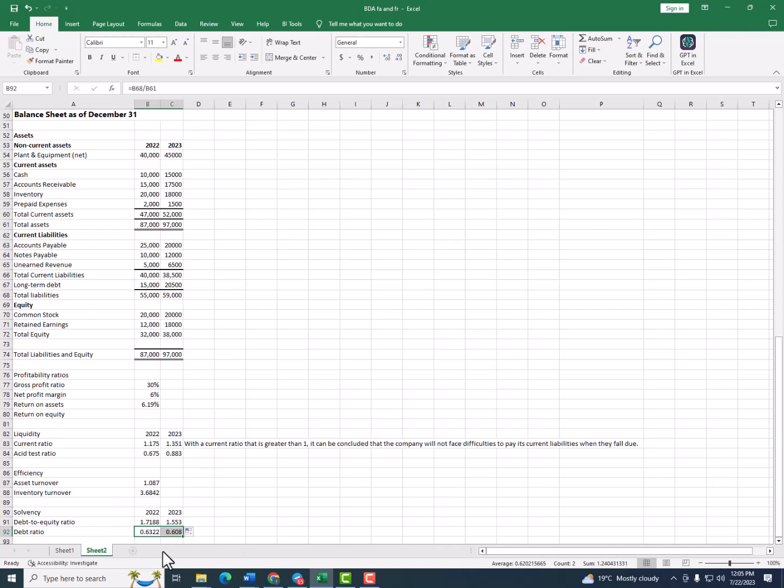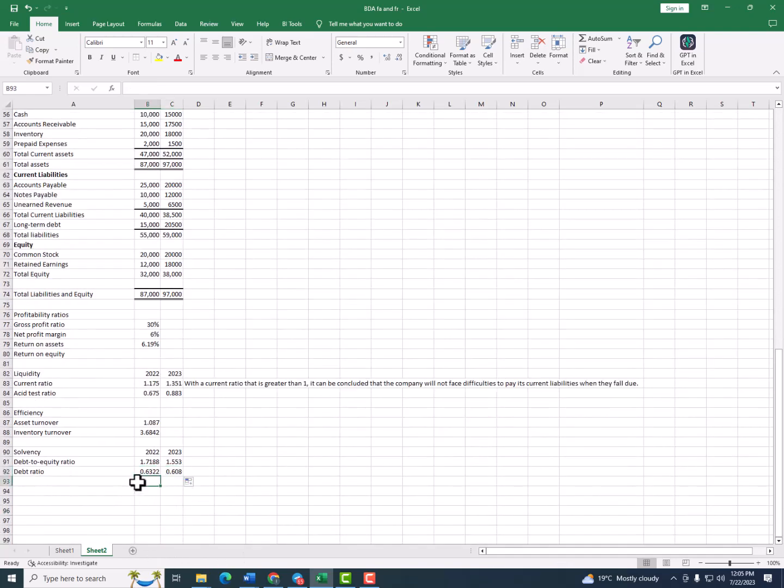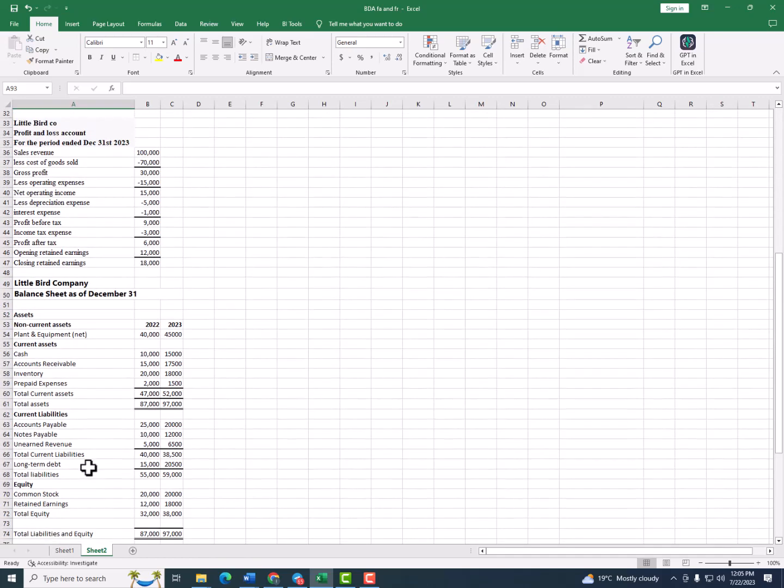Same conclusion, same interpretation as the debt to equity ratio, right? So when you have a ratio that is greater than 0.5, it implies that the company's assets are financed more by debt than equity, which exposes the company to a higher level of financial risk, right?